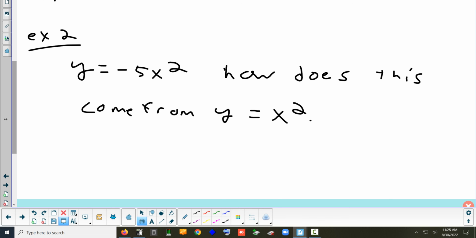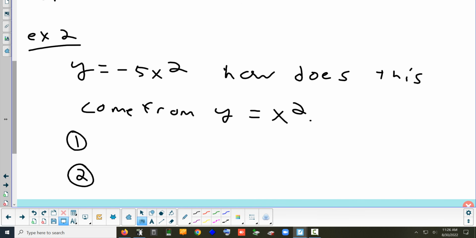So if I had the graph of y equals x squared, I want to know the two transformations I would have to do to turn it into the graph of negative 5x squared. Well, first, how many transformations are taking place? Two. Let's start with the 5. How do you describe what the 5 is going to do to the graph? It's a shift, right? No, we haven't done a shift yet.